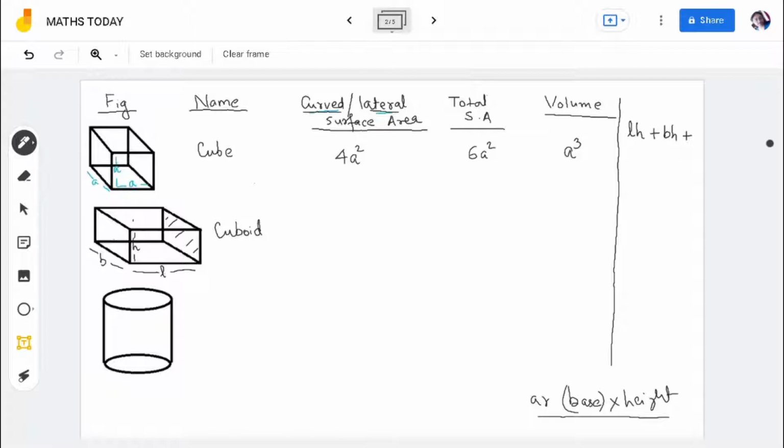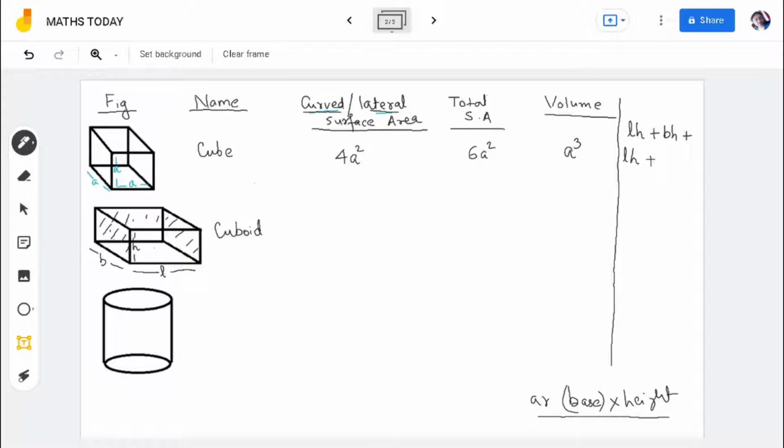Similarly, if I am going to find out the area of this backside, that will again be length into height. So here I can write length into height plus. If I am considering this left hand side rectangle, because all these four faces constitute the curved surface, right, without the top and the bottom, this rectangle has area base into height.